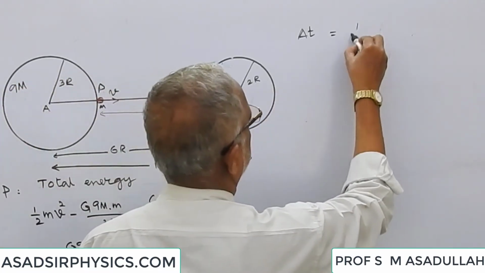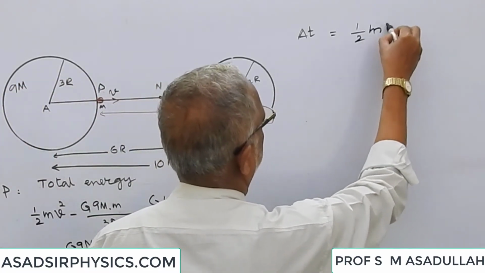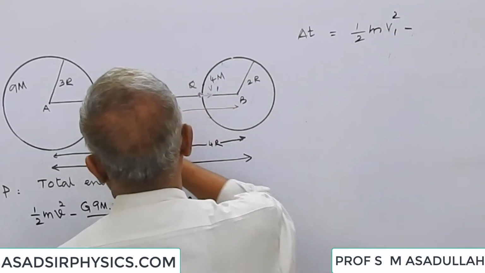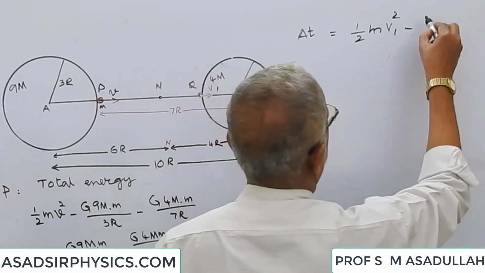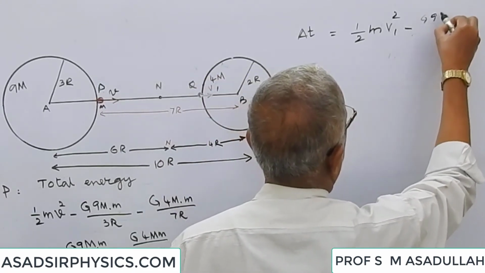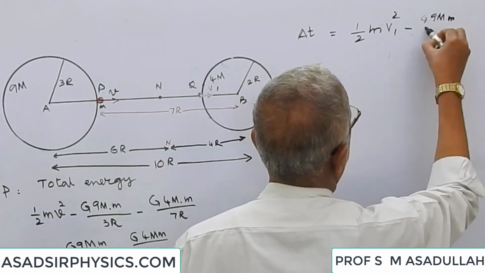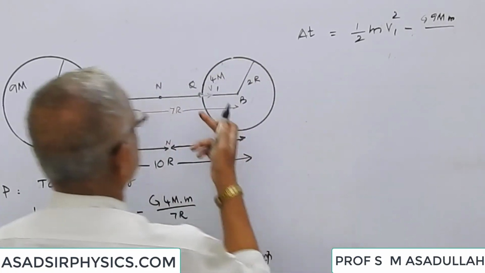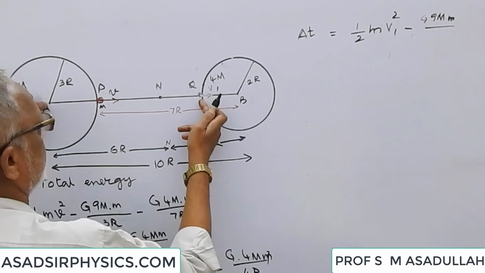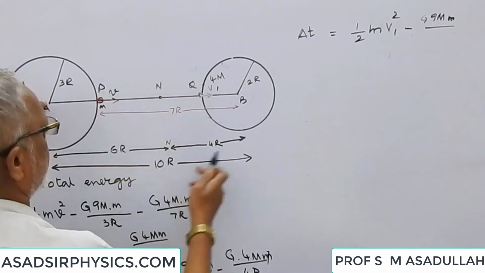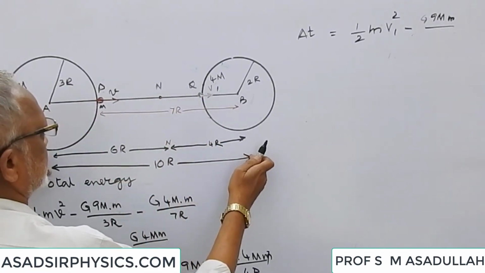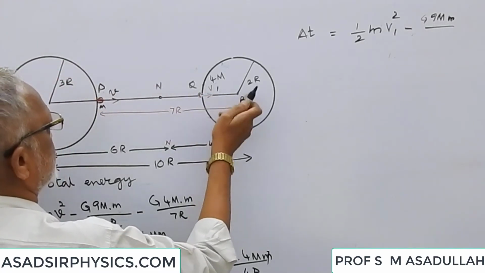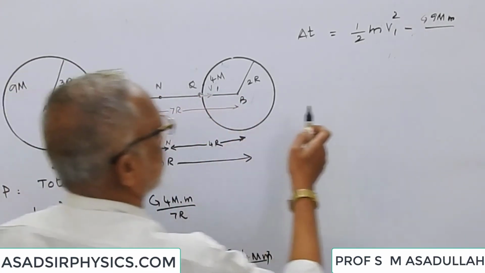So total energy is half mv1 square minus the potential energy due to A, G 9m into m by the distance of this surface from the center of A. That is how much? 8r. Total distance is 10r, and this is 2r, so 10r minus 2r will give you 8r.